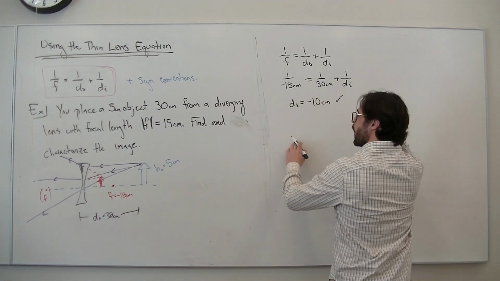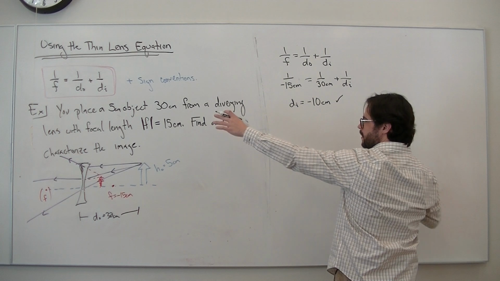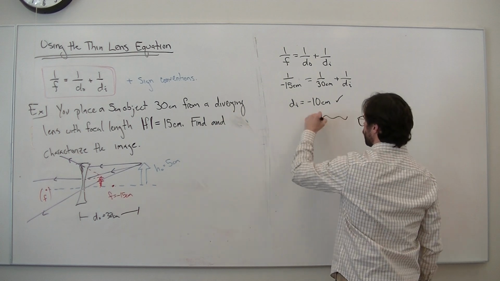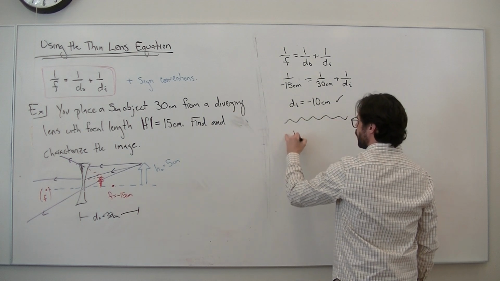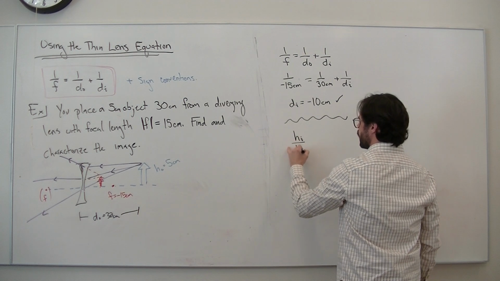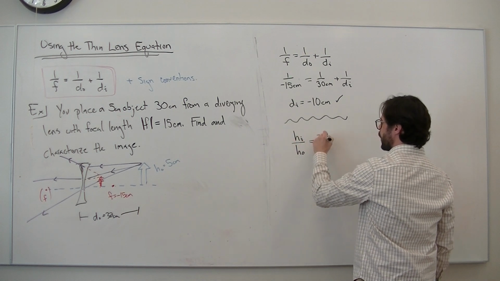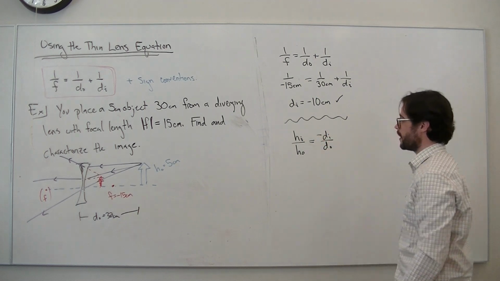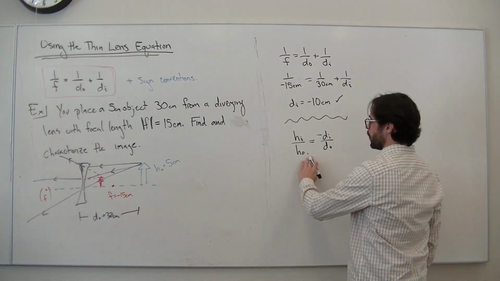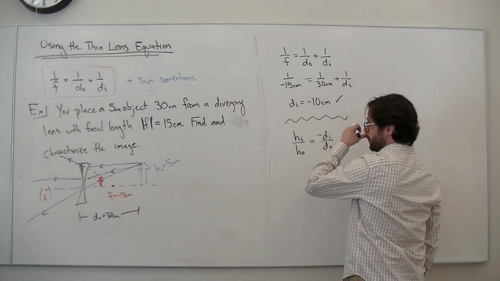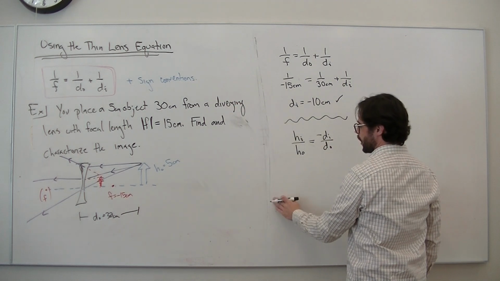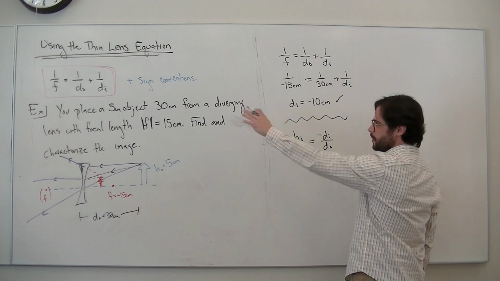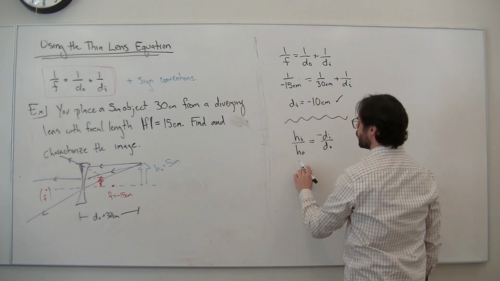And then the last thing we have is the same exact kind of auxiliary equation we got for the lateral magnification, which will also work here. HI over H naught, and when we drop the absolute value bars and get minus signs, I still have this. So this still works. This is the second equation that came out of those two similar triangle diagrams that we drew to derive that, quote unquote.